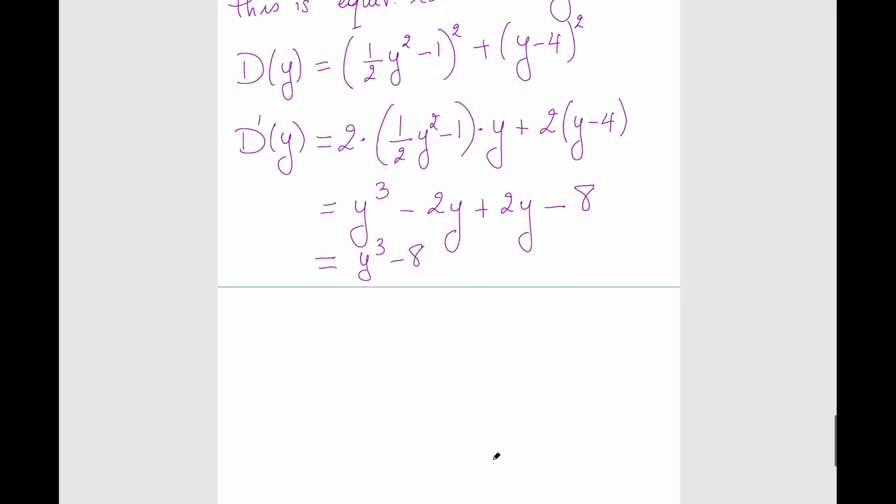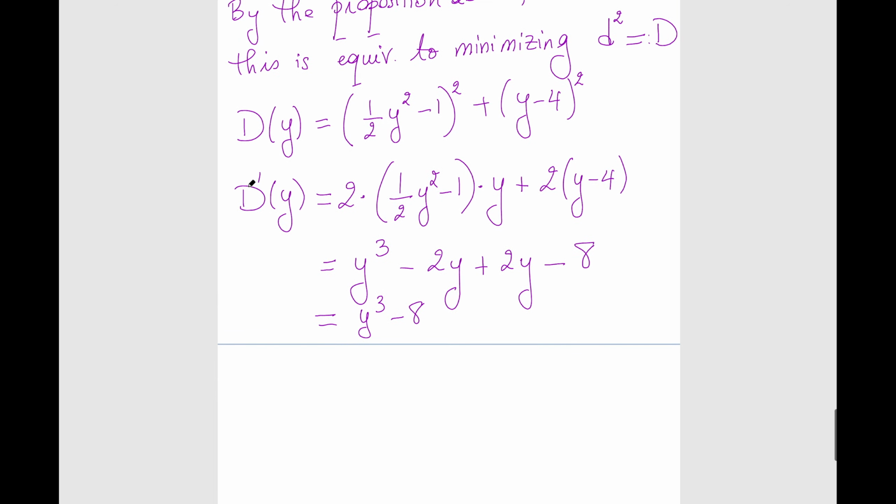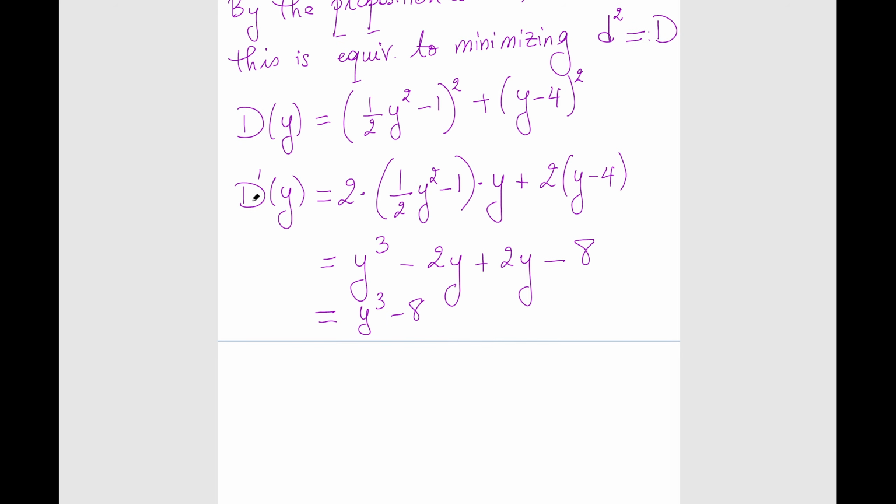All right, so I don't have critical points of the first type, meaning points which allow D prime not to exist, where D is not differentiable, because D is everywhere differentiable, right? This is D prime. So the only critical points are going to be of type 2, which means where D prime vanishes.